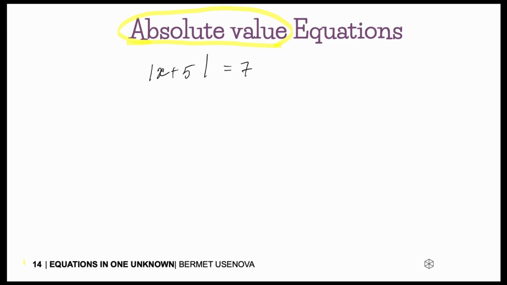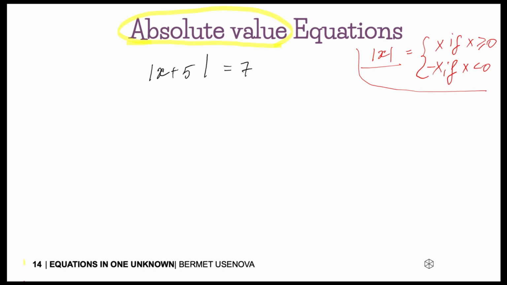If you remember, we write the absolute value in those vertical bars. It is x if x is bigger than or equal to 0, and negative x if x is smaller than 0. This was the definition of an absolute value term.